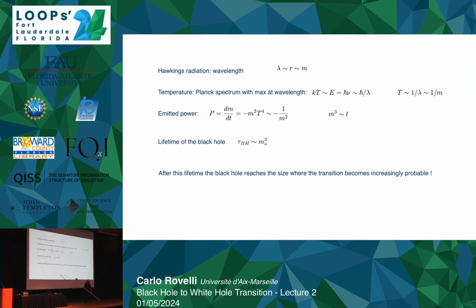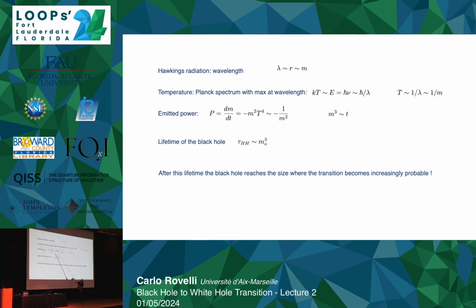And then you model this as a surface of radius m squared, which is the horizon, at that temperature, and just standard thermodynamics tells you that the emitted power, which is also the change of the mass in time, is proportional to the area times the fourth power of the temperature, which gives 1 over m squared.